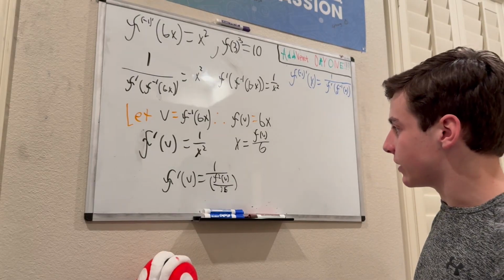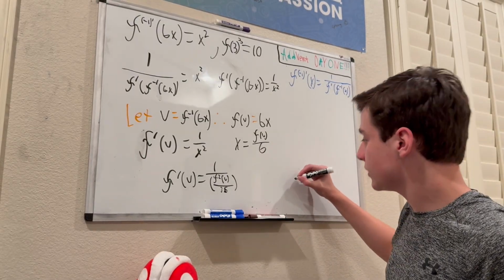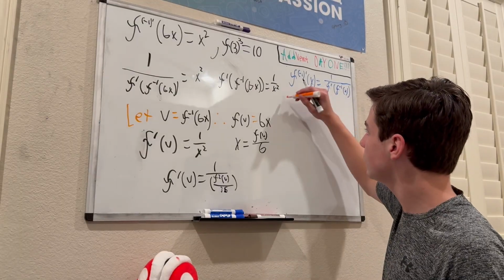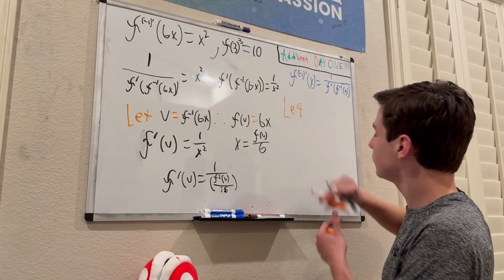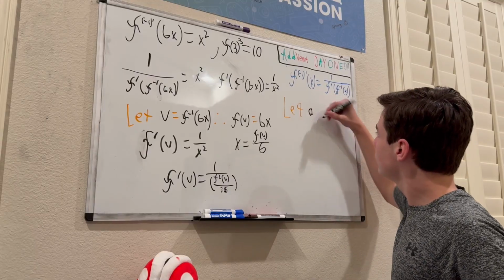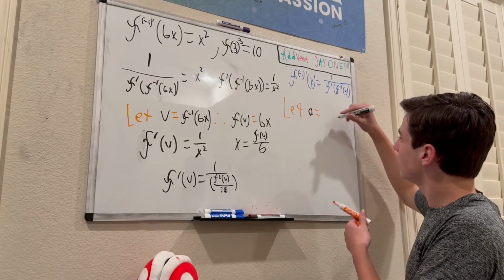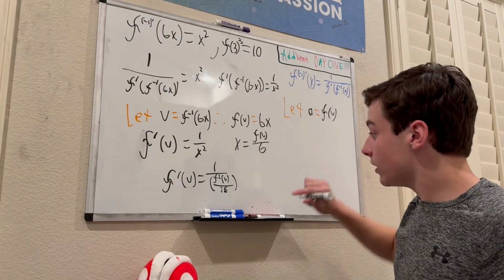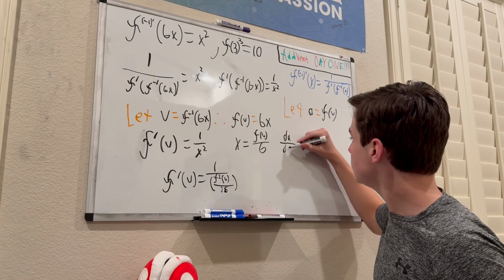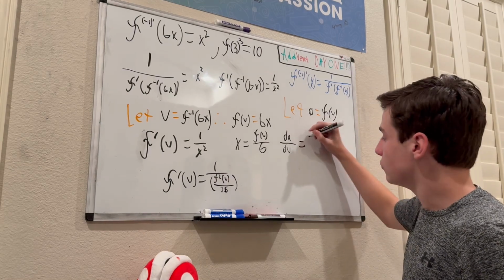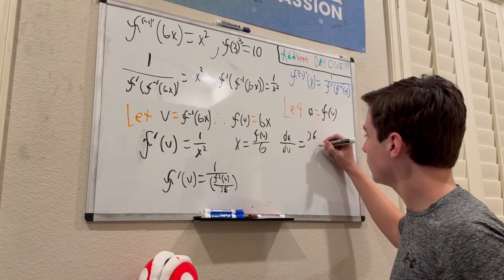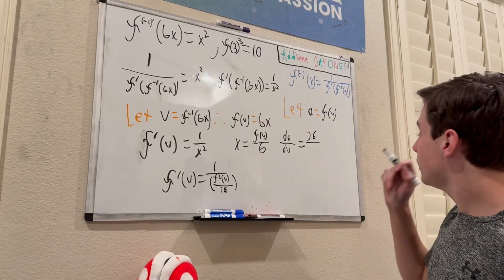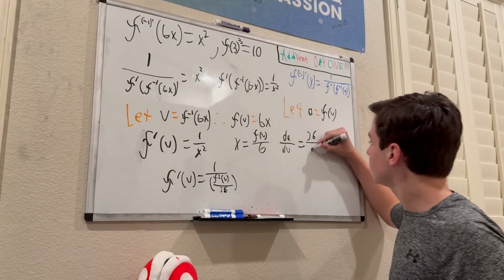And now we have a differential equation. Now, what we're going to do is go ahead and do another substitution just to keep things clean. Let a be equal to f of u. And so now we can rewrite this like this. dA du is going to be equal to 36 divided by f of u squared, which, keep in mind, that's just a squared.